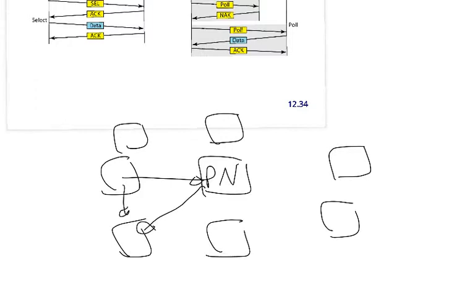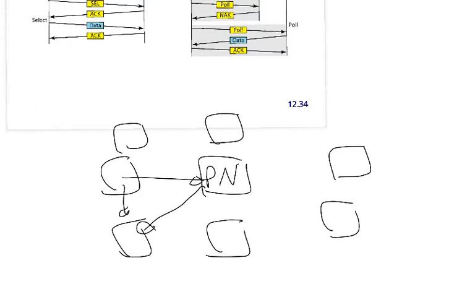However, by flowing everything through the primary node, you have a well-organized way to make sure that whoever is accessing the channel, we will not have two nodes accessing the channel at the same time.